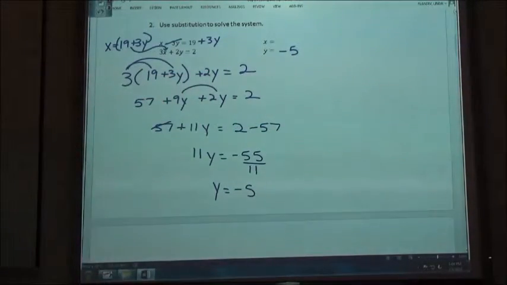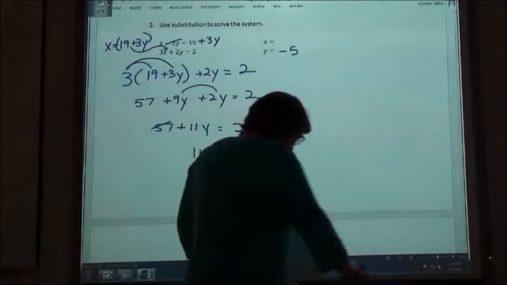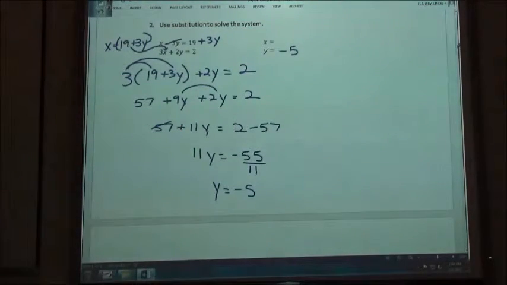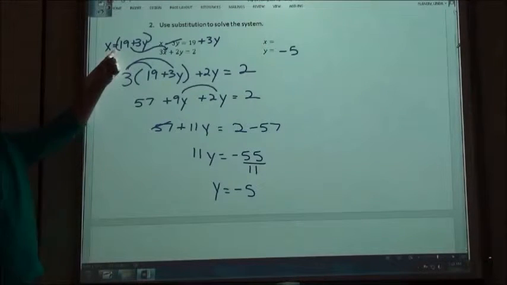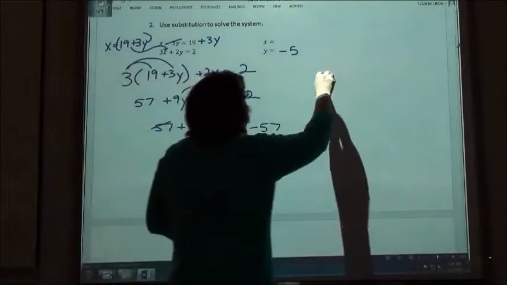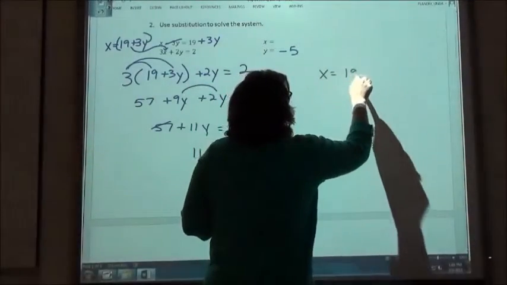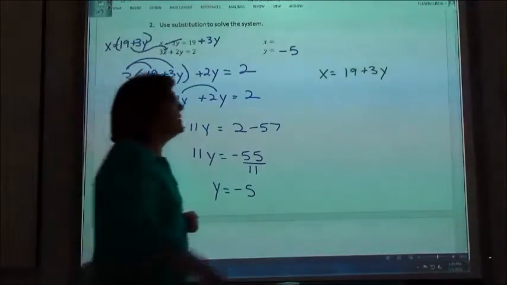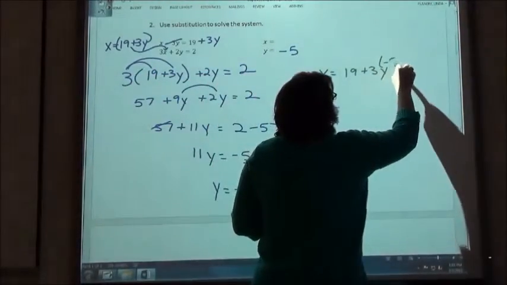We want to now find what the x is equal to. What equation should we probably use to find out what x is equal to? This top one that we rearranged because we solved that for x, right? We said that x was equal to 19 plus 3y, but now we know that y is negative 5, right?